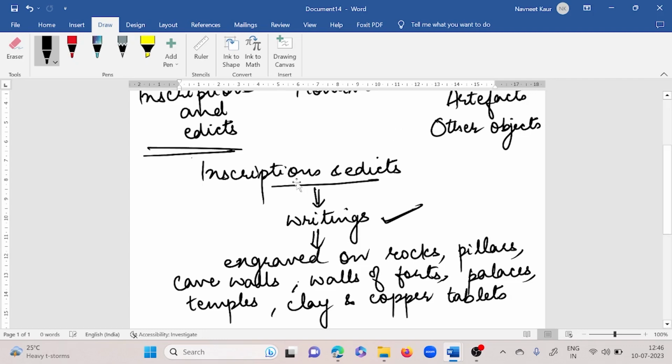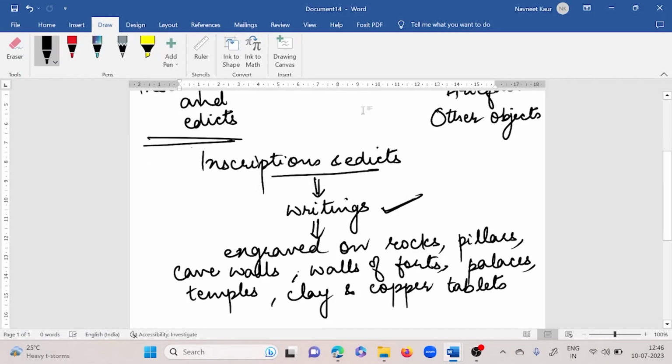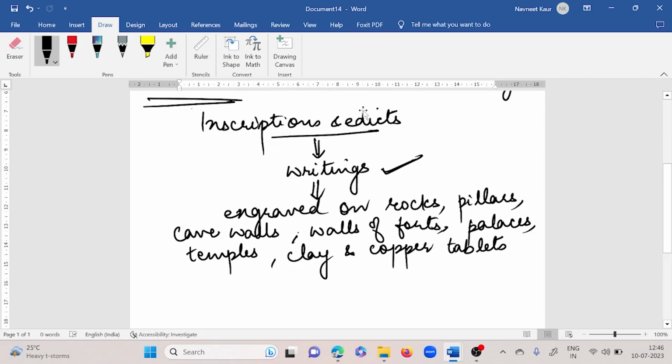Right. So inscriptions and edicts are the writings engraved on rocks, pillars, cave walls, walls of forts, palaces and temples, and on clay and copper tablets.